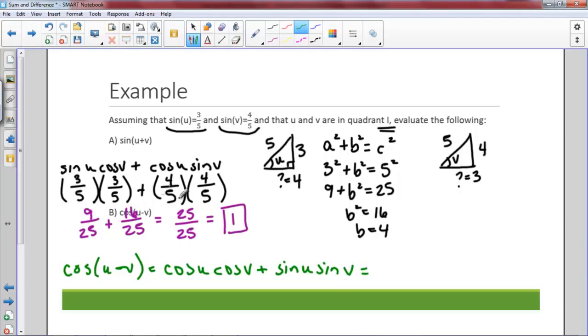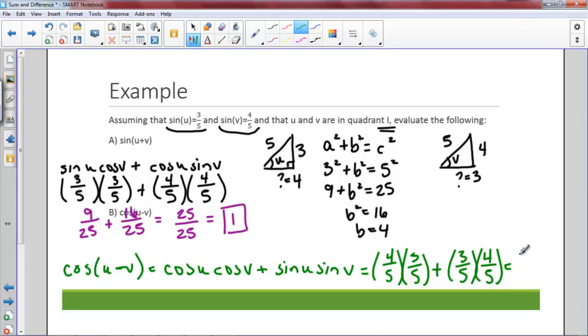The great thing is up here we already found all of our values. So cosine u right here we found to be 4/5. Then we have cosine v, which we found to be 3/5, plus sine u 3/5, and sine v 4/5.